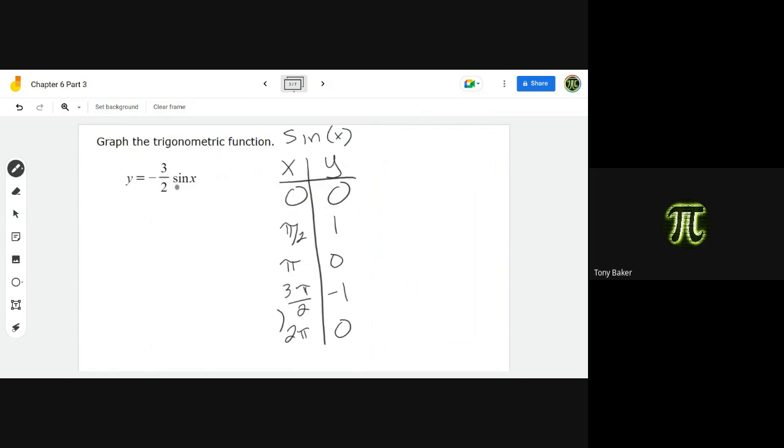So whatever this answer is, they're going to take that multiplied by -3/2. So in essence, they're taking the y value from here and multiplying it by 3/2. Correct?